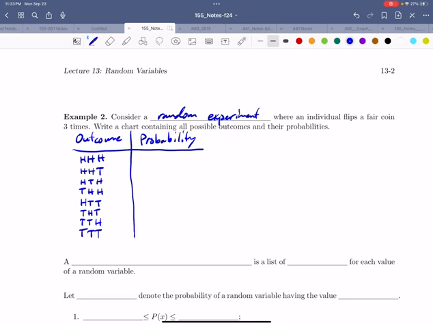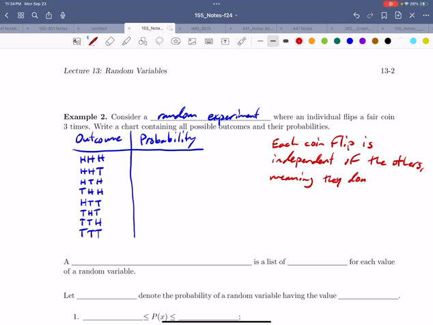Now, what's the probability? Well, the probability of getting a heads, we should all know, is 50%, or 1 out of 2. And these coin flips are what we call independent. So we'll say each coin flip is independent of the others, meaning they don't affect each other.